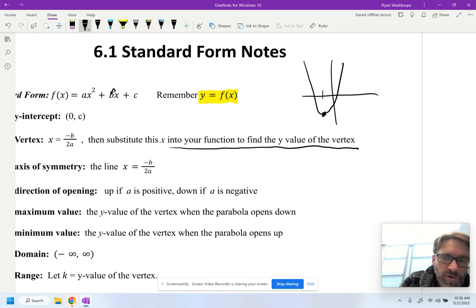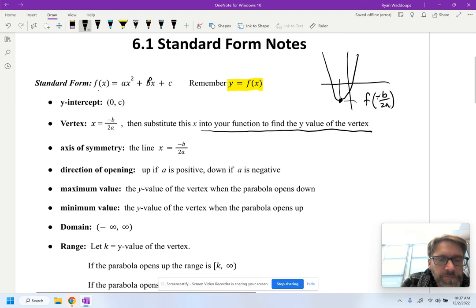And so the x-coordinate of that is negative b over 2a. And then the y-coordinate, we sometimes say, is f of negative b over 2a. Or we take that, whatever value that is, and we put it into the function to see what the corresponding y value is. And we'll see this when we do some examples.